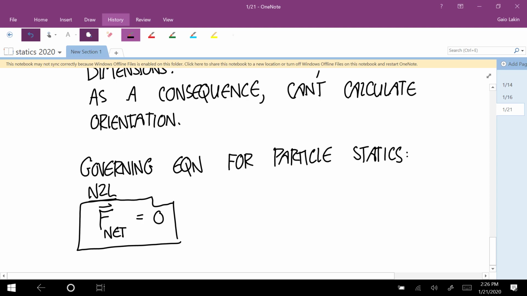What about the moment equation? Last time I said there are going to be two different vector equations in this class: Newton's second law, and the sum of the moments has to be equal to zero. But for particles, we're not going to use the sum of the moments equal to zero, because that deals with orientation. If you apply a moment to something, it causes a rotation, a change in orientation of that body, and we can't deal with that with particles.